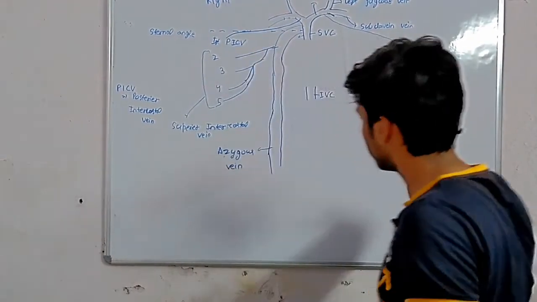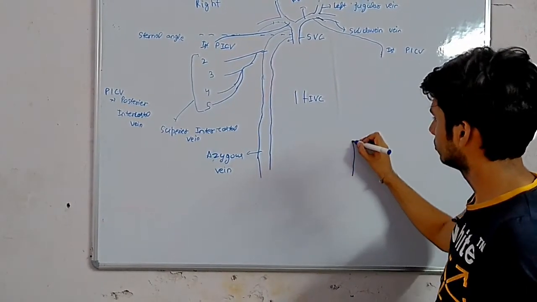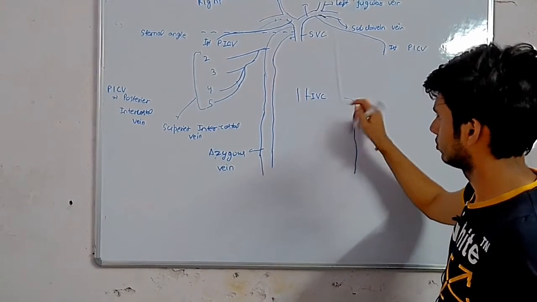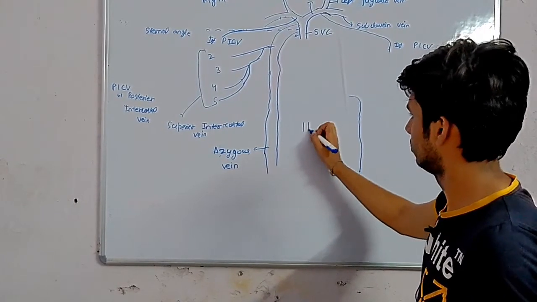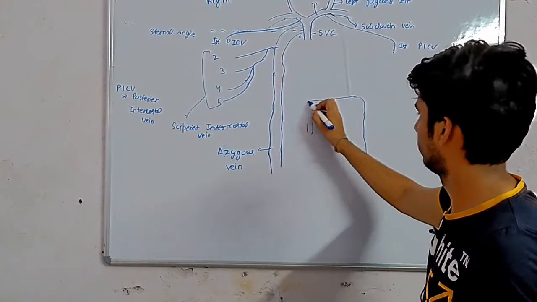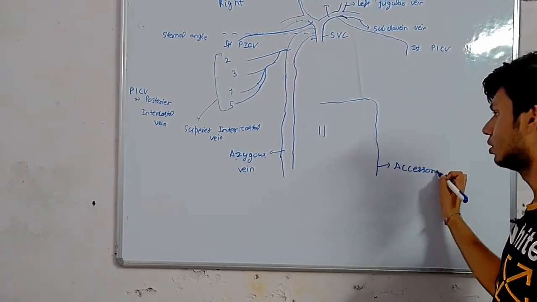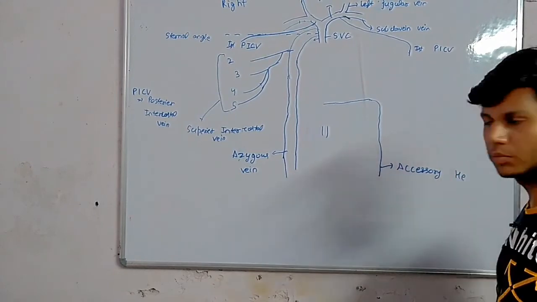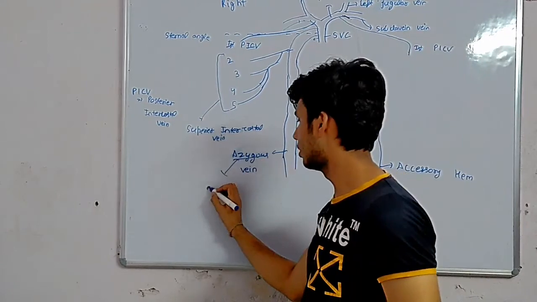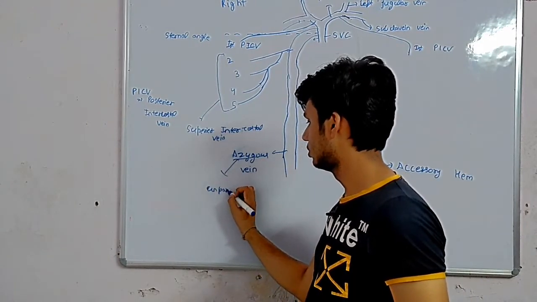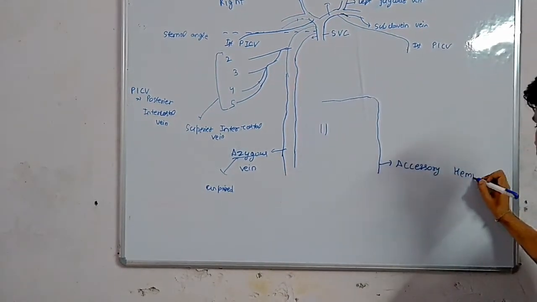But on the right side, there is another vein which is called the accessory hemiazygous vein. Azygous means unpaired, and hemiazygous, accessory hemiazygous, means half.